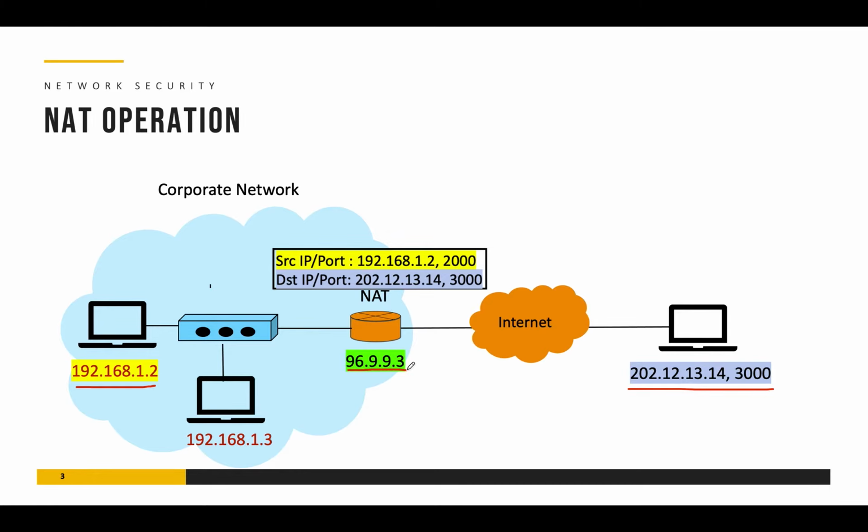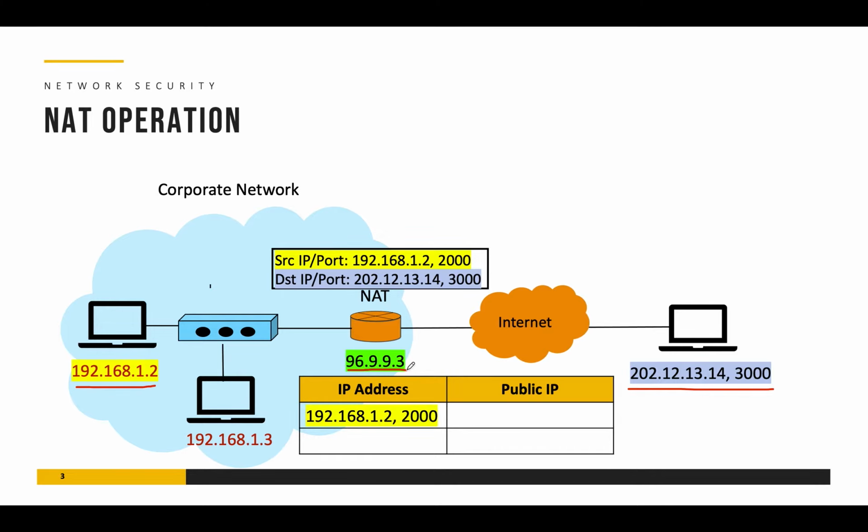What the NAT router does is that it maintains a table. It simply copies your source IP and port number, and it notes down that it's going to replace this with its own IP and a randomly generated port number. Let's say 6000. So the NAT router is going to craft a new packet. And if you note, it has changed the source IP and the port.